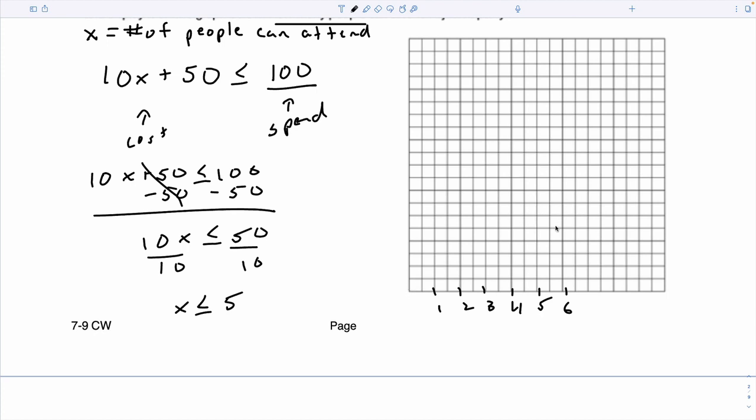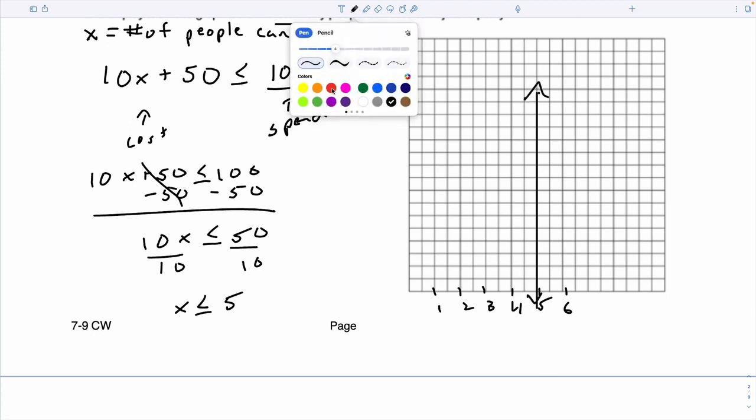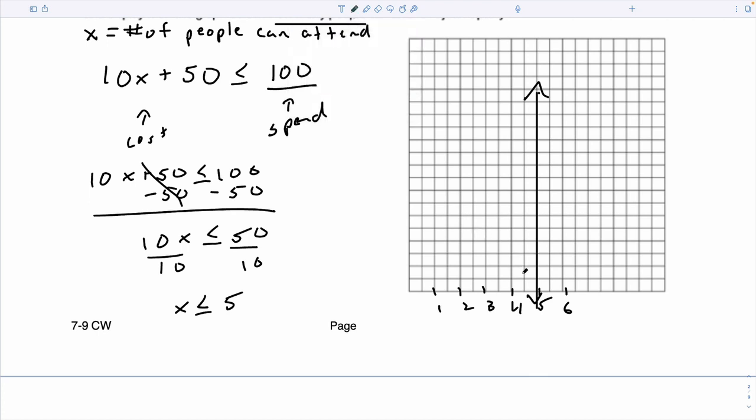It is a filled in line. It goes down to 5. And that's it. Shade all the way to the left. What does this mean when I shaded to the left?